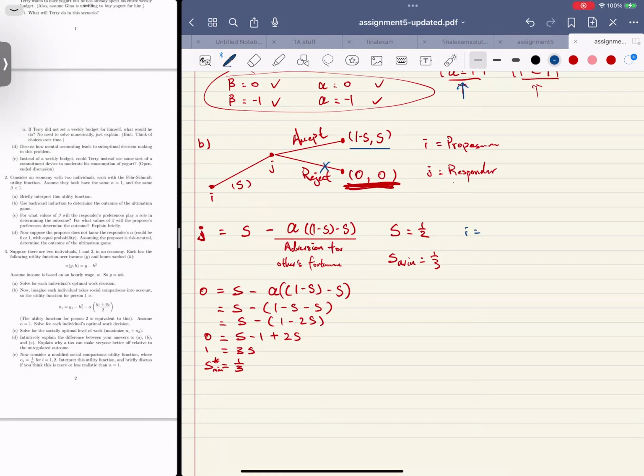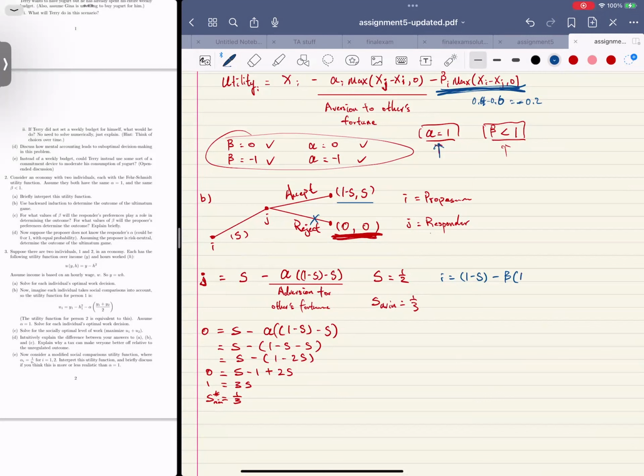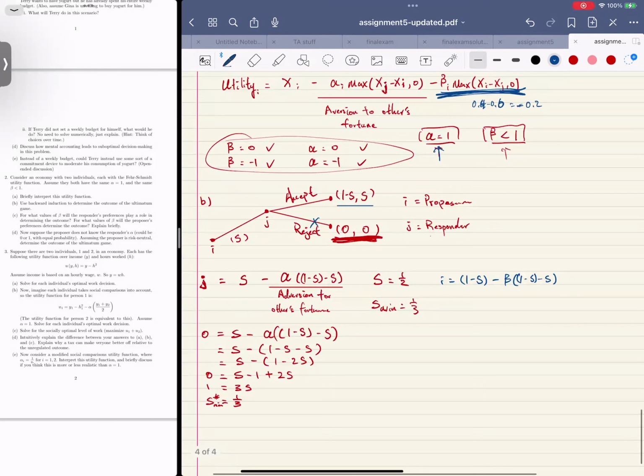So the proposer will have 1 minus S, minus beta of (1 minus S minus S). Wait, did I do something wrong? Nope, that's correct.